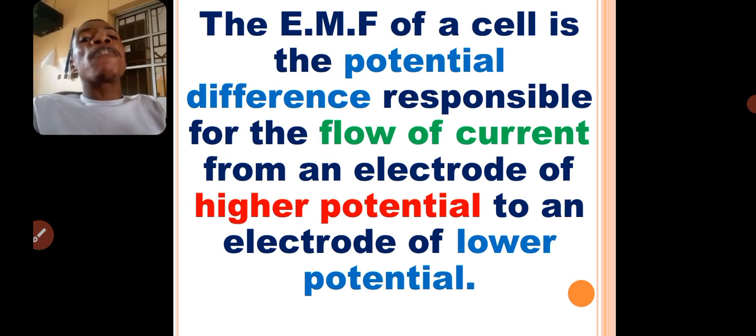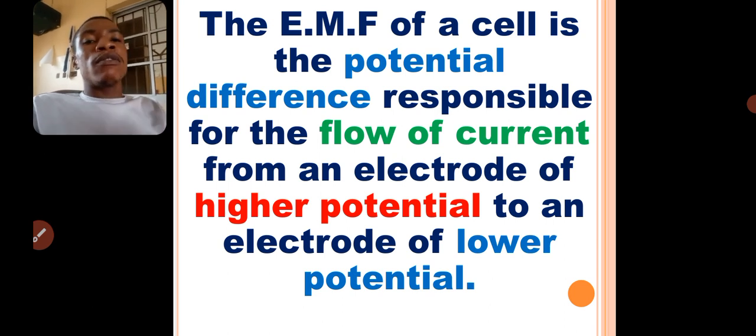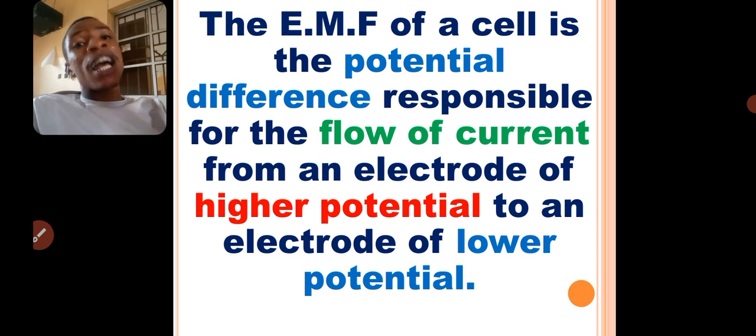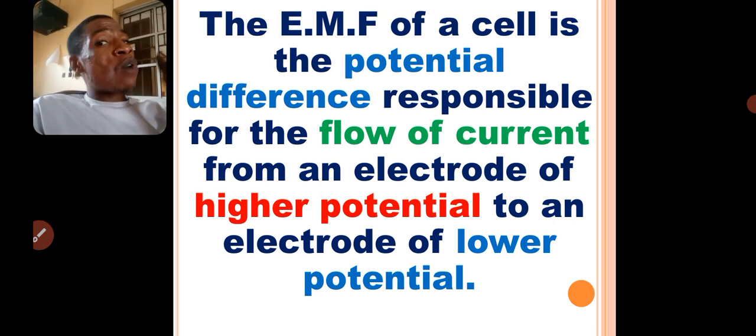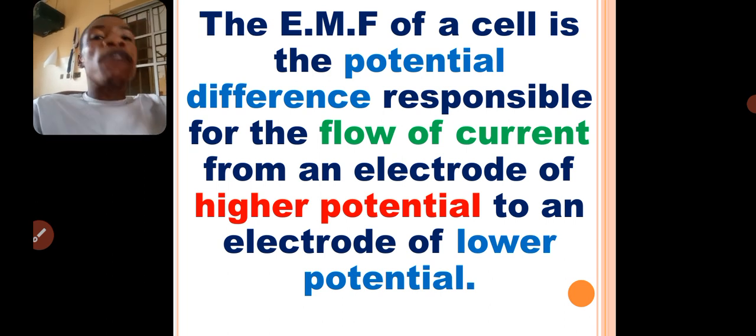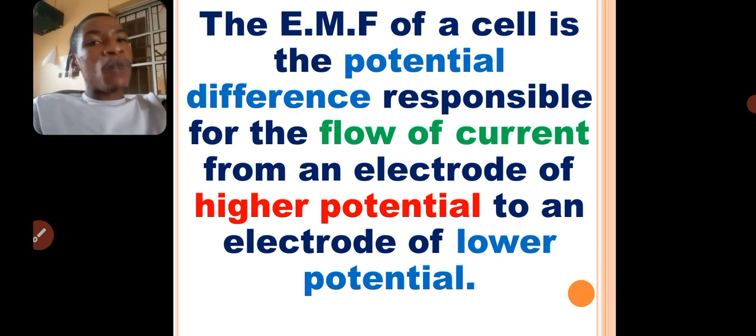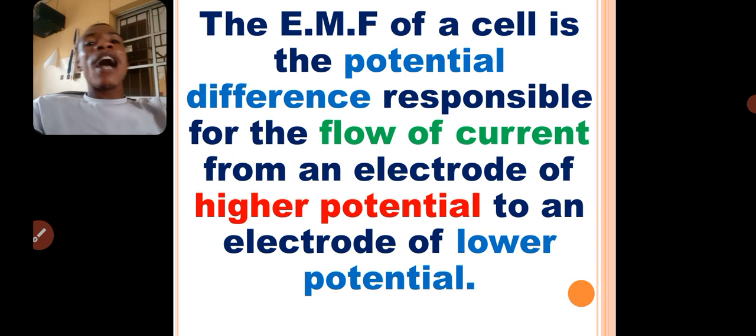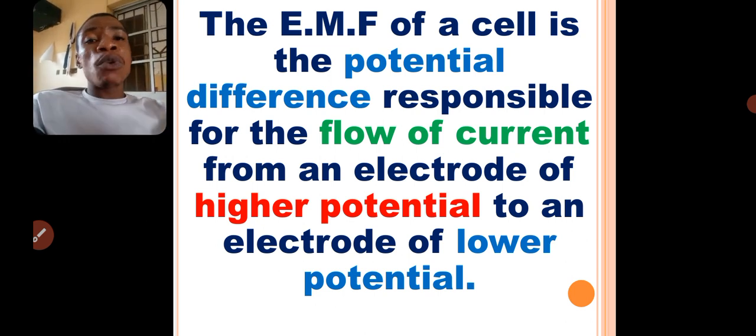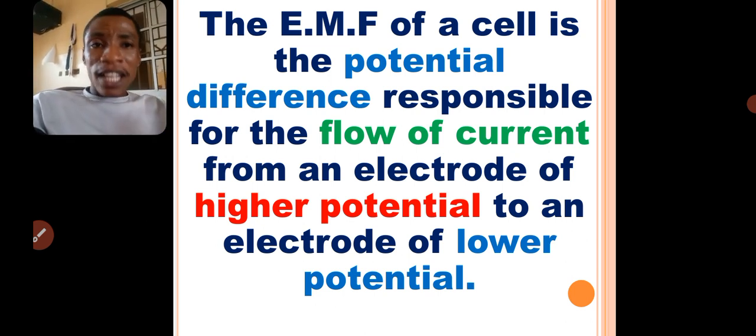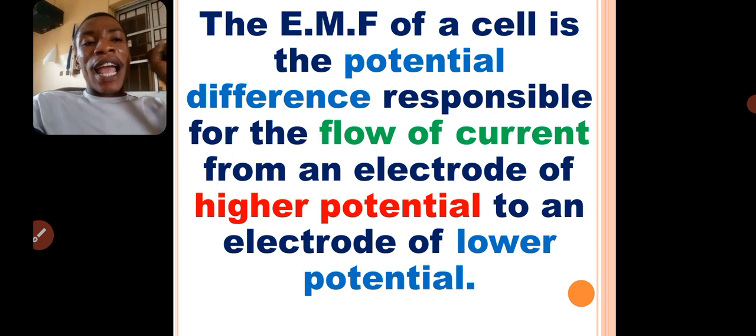So if you are talking about flow of current, current will flow from cathode, the one with higher potential, to anode, the one with lower potential. But if you want to use flow of electron, it flows from anode, the one with lower reduction potential, to cathode, the one with higher reduction potential. So whichever way you put it, ensure that your definition is correct.